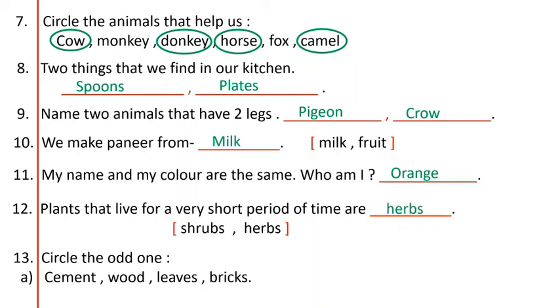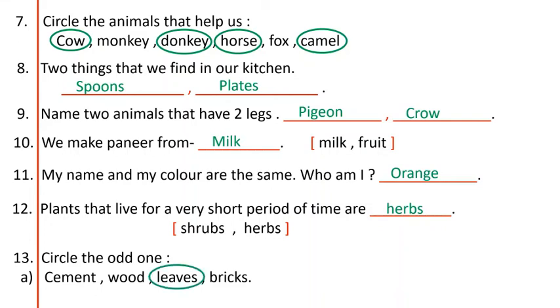Next, 13th question. Circle the odd one. A. Cement, wood, leaves, bricks. Children, now tell me which is the odd one here. Cement, wood, leaves, bricks. Yes, you're right.